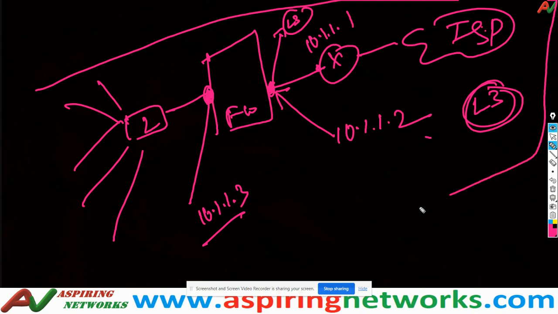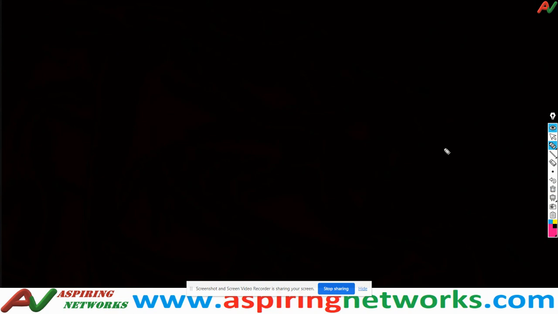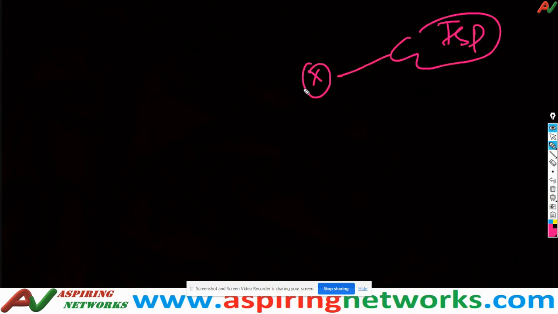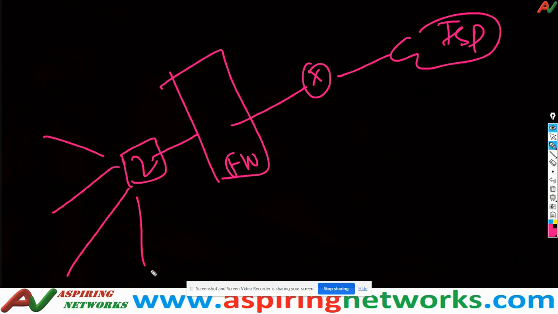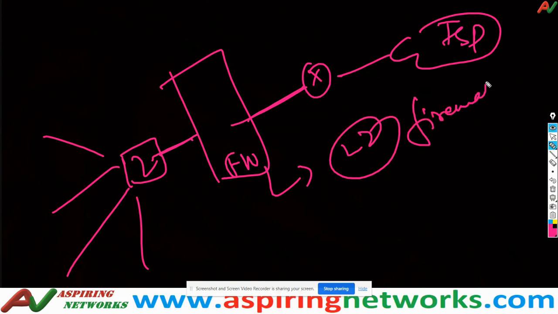So one case would be like this, and another case we can consider: this is your router, this is your ISP, and from this router a firewall is connected, but this time we are not going to assign any IP to this firewall. It's an intermediator. So this firewall acts as an L2 firewall. Why L2 firewall?